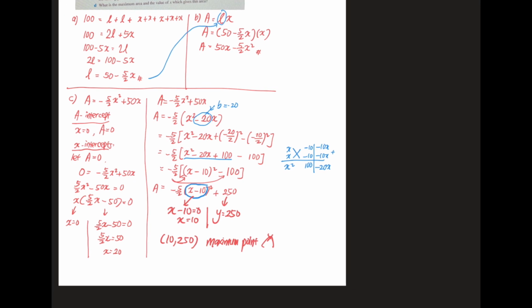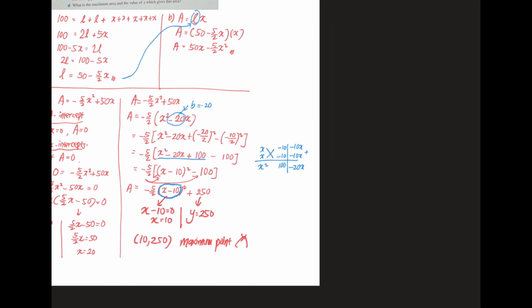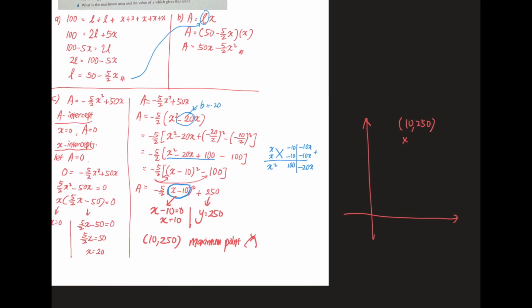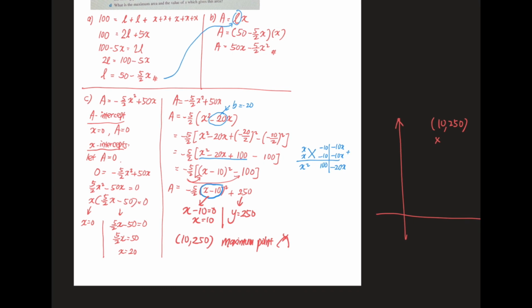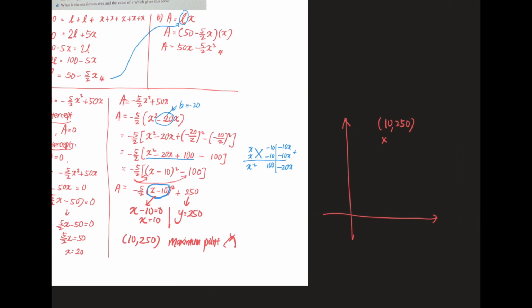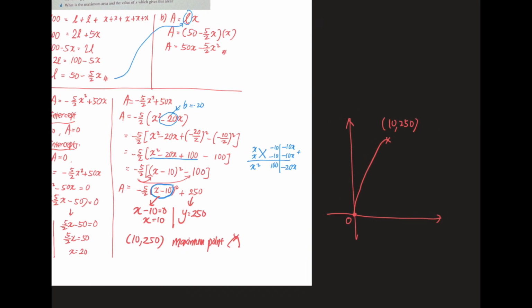Now let's sketch the graph. Let's say I sketch it here, with 250 here. Then we have the axis intercept 0, 0, and the other intercept is 20.